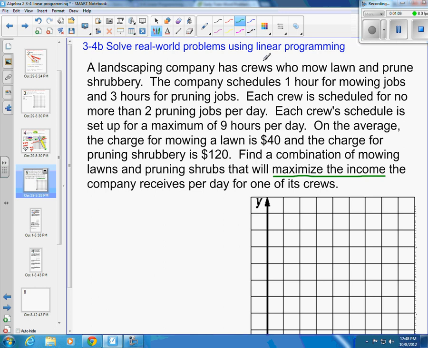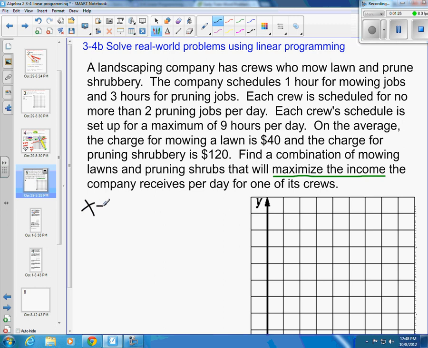So a landscaping company has crews who mow lawns and prune shrubbery. The company schedules 1 hour for mowing jobs and 3 hours for pruning jobs. So we need to know how many mowing jobs and how many pruning jobs. So that's a great place to start: let's define our variables.